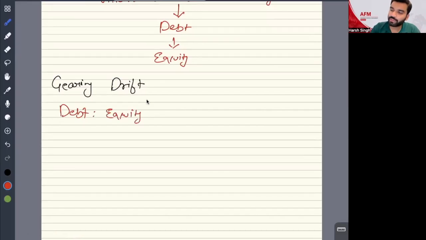Now, this equity will hold retained earnings as well, right? Now, let's assume that you are not doing anything. You are not paying off your debt. You are not raising any new debt. Nothing is happening. So now you will say, sir, my gearing ratio should remain the same.